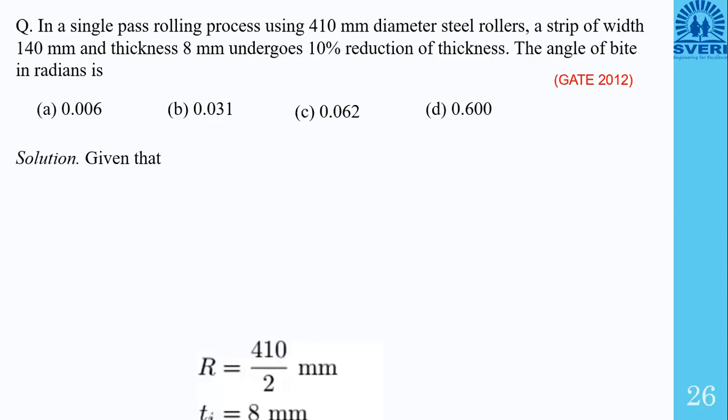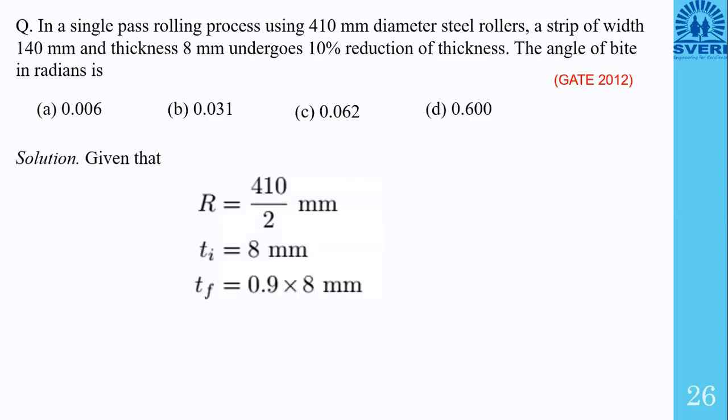Given data: R is given to us. 410 divided by 2 is 205 mm, or keep it as it is. Ti is 8 mm. A 10% reduction means the final thickness remains 90% of the original thickness, or 10% is reduced. So you calculate 0.9 into 8, or 0.1 into 8 and subtract it from 8 mm. That gives the Ti and Tf values.